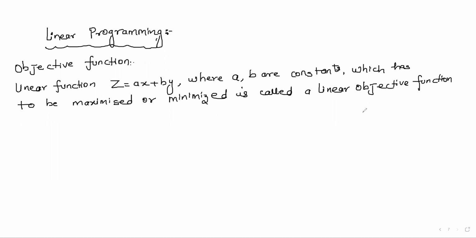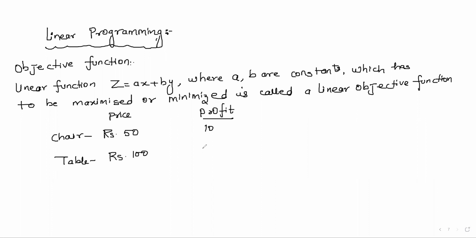Okay, so we will take an example. For example, the cost of a chair is rupees 50 and the cost of a table is rupees 100. This is the price per unit. The profit on the chair is, for example, 10, and the profit on the table is 20.